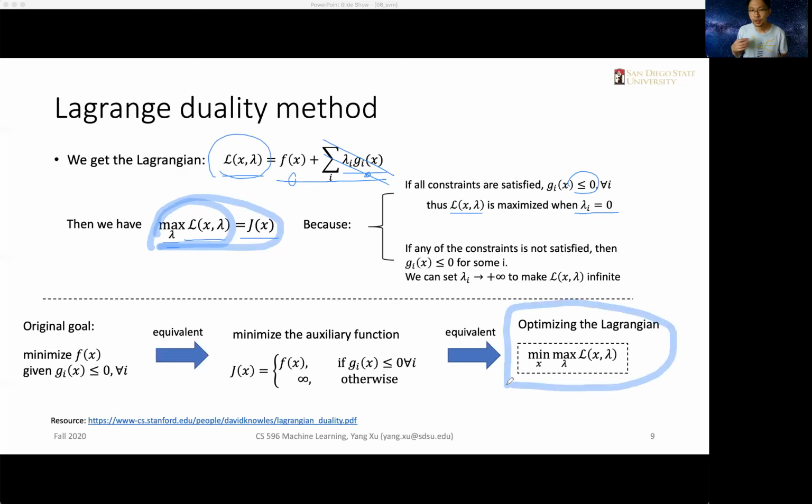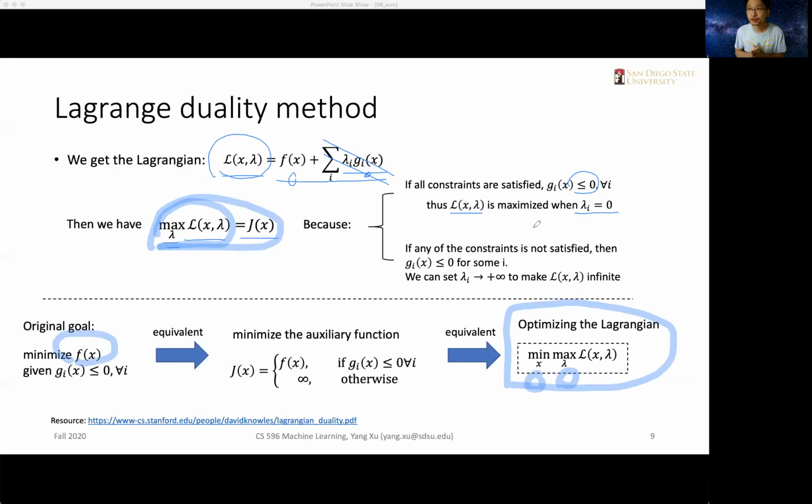It is to optimize the Lagrangian in two steps. In the first step, we maximize it with respect to lambda. And then after lambda is fixed, we minimize with respect to the other variable, x here. And the result will be the values that minimize the original function f of x.